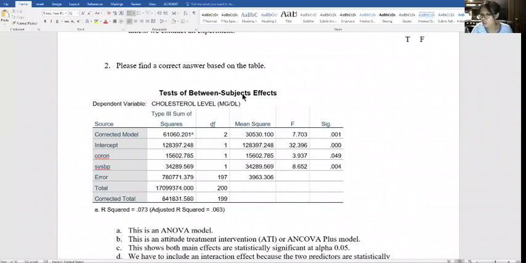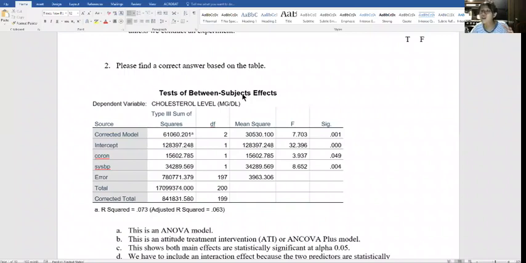Between subject means you have groups. Let's say female and male. 100 persons are in the male group and 100 persons are in the female group. If you have some kind of variance between the two groups, that is a between subject difference.